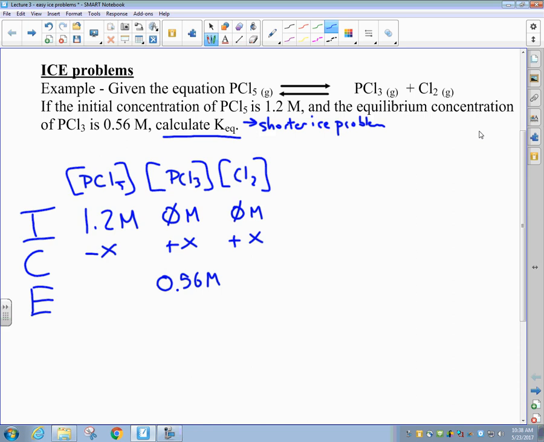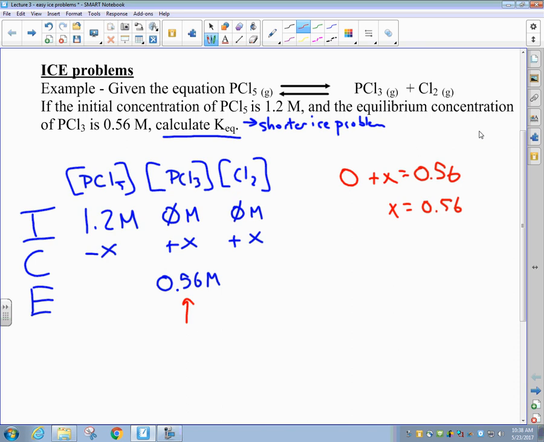We end up with a rather simple statement here in our middle column at this point. That simple statement is 0 plus X gives me 0.56. That means that simply X is just 0.56. We call this a shorter ice problem because you're able to solve for X within the ice chart itself.